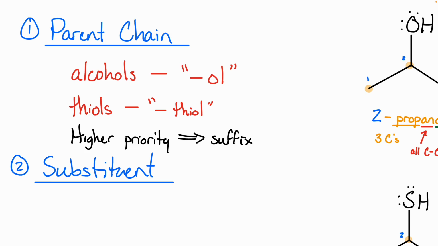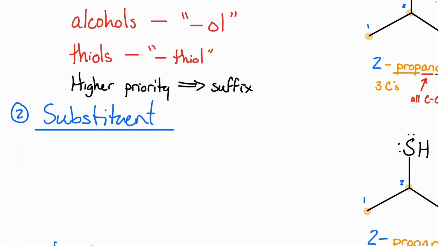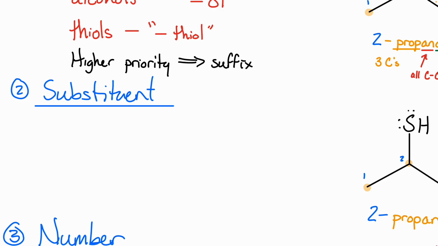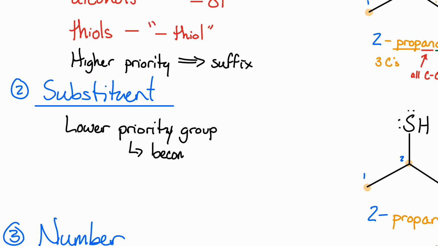It's going to be considered a substituent we refer to with its prefix. So that lower priority group becomes a substituent, and I'm going to refer to that substituent by that prefix name.